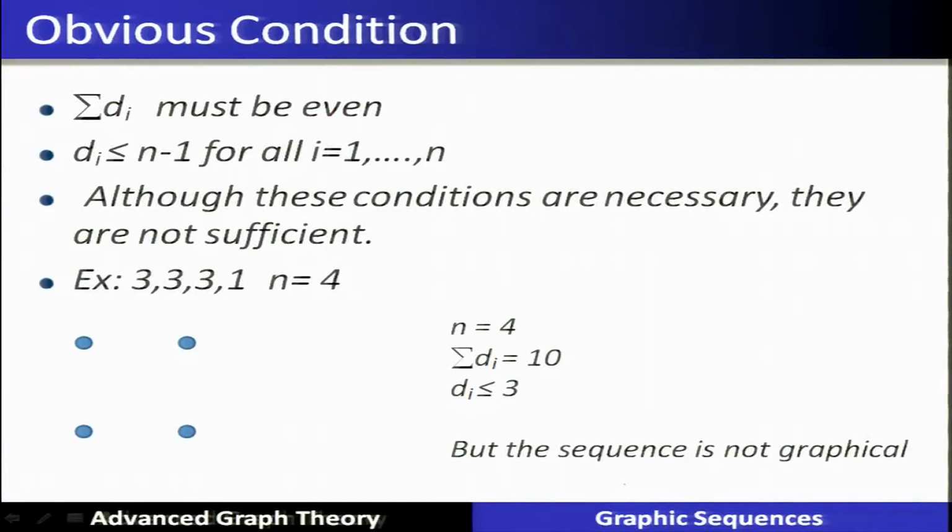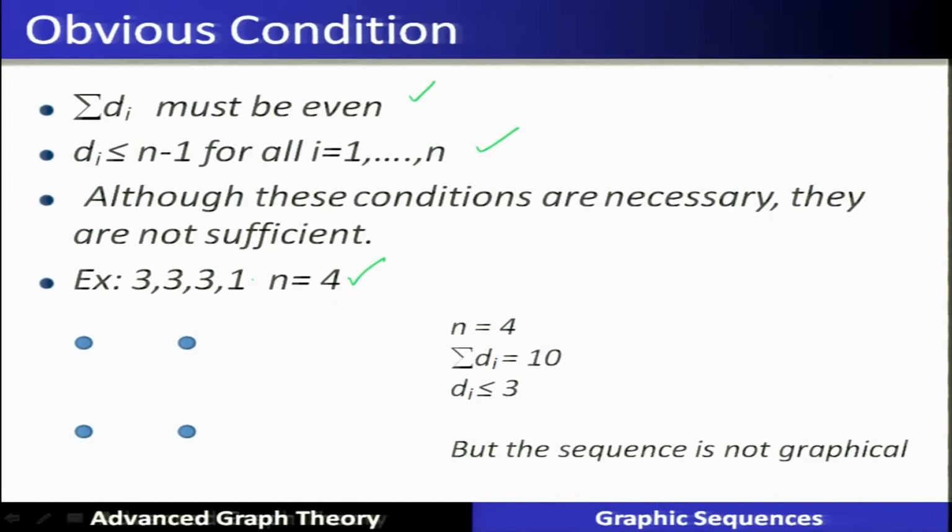So, out of these examples, we have collected some of the obvious conditions, that the degree sum must be even, and also the degrees must be at most n minus 1 for all i. Although these conditions are necessary, they are not sufficient. For example, we can see a 4 vertex graph having the degree sequence 3 3 3 1.